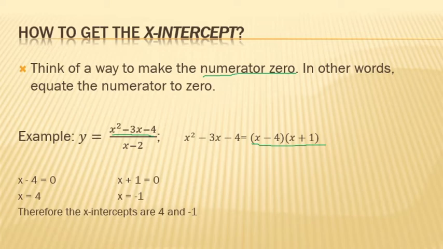Equate natin yan pareho sa 0. X minus 4 equals 0, so, therefore, x equals 4. X plus 1 equals 0, so, ang ating x ay negative 1. Ibig sabihin, ang x-intercepts natin ay 4 and negative 1. Ano ibig sabihin? Ibig sabihin, yung graph natin dumaan kay 4 and negative 1 sa x-axis. Yun ang ibig sabihin ng x-intercept.